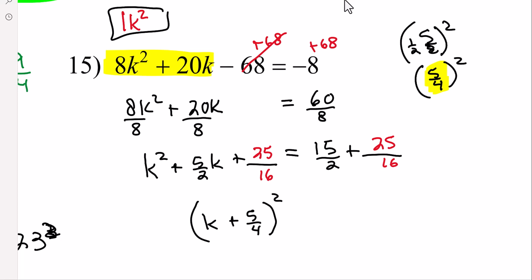So k plus 5/4 is equal to, these need the same denominator, so we're going to have to multiply top and bottom by 8. So 120, is that right? 8 times 15. Yeah, so that's 120/16 plus 25/16.